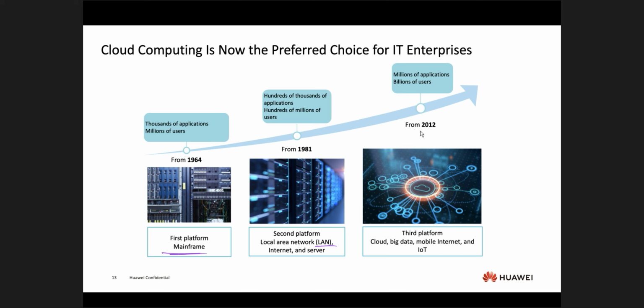And now, when we look at 2012, that's where cloud was introduced, along with big data, the mobile internet and IoT. Those are the evolution of how things went from millions of applications to billions of users. So we had millions of users at first, and now we have billions. We could have trillions of users. What's after trillion?